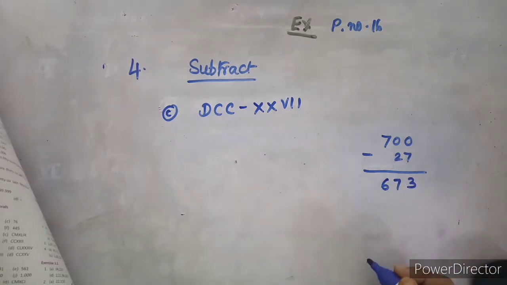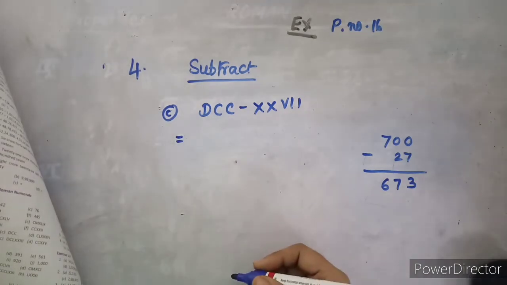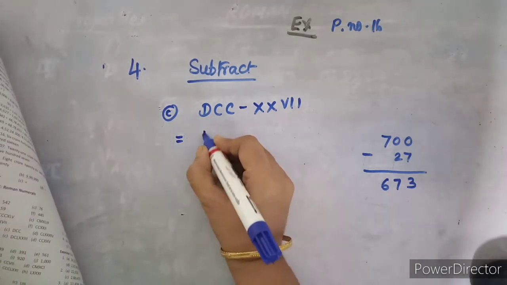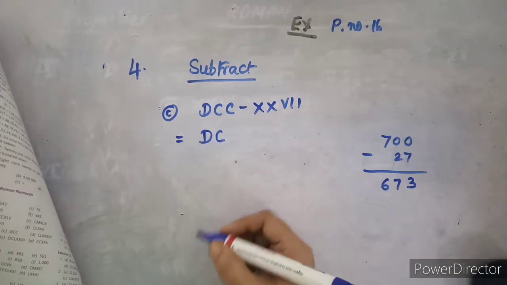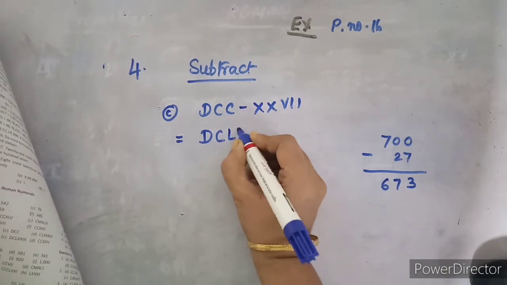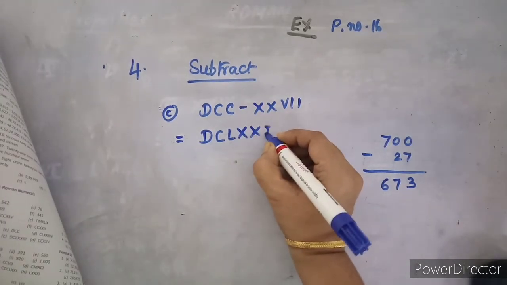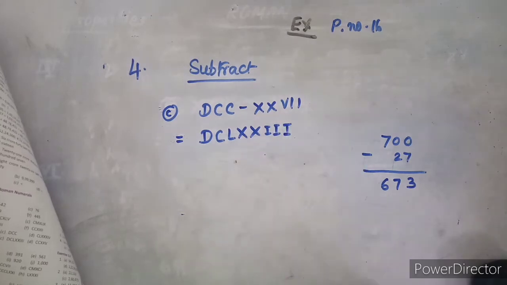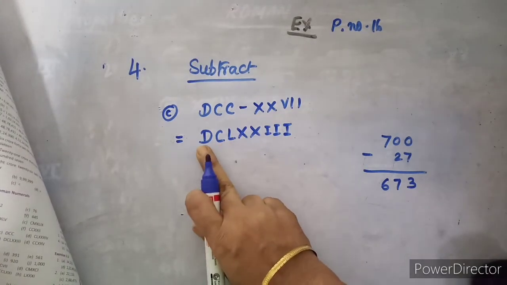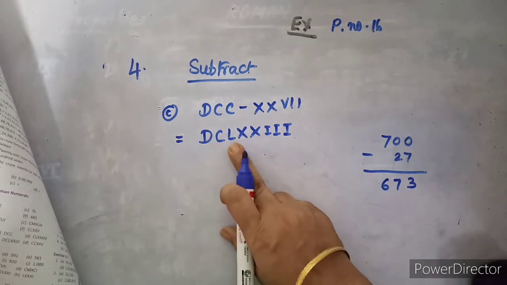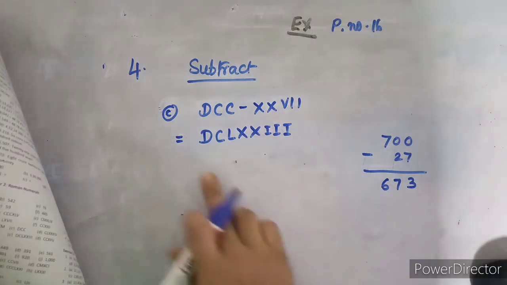So 673. How will you write 673? 500 and then 600, then 70, how are you writing? 50, 60, 70, and then 3. So this is your C.